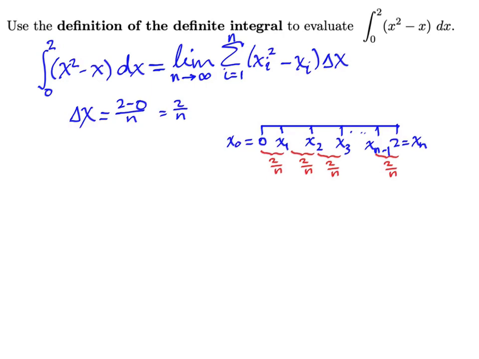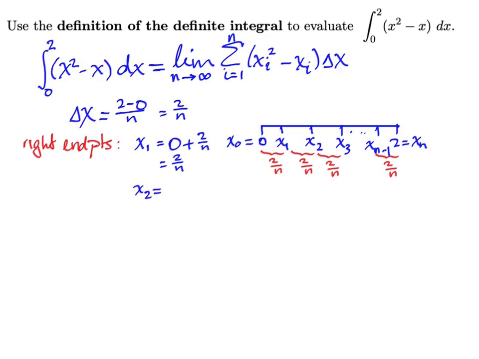So let's see what those endpoints are in terms of i and n. So let's list all our right endpoints. So x1 is my first right endpoint of my first subinterval. That was 0 plus a distance of delta x. So it's just going to be 2 over n.